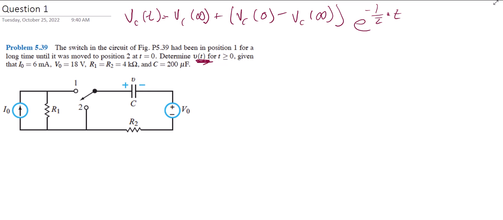So our job is to find Vc at infinity, Vc at 0, and tau, because if we find all of those things, then we are good to go.